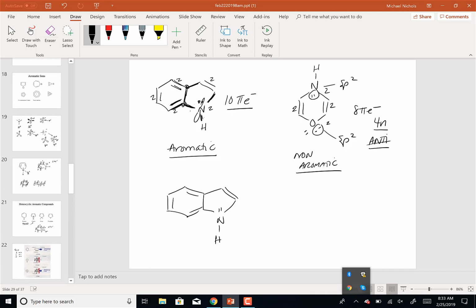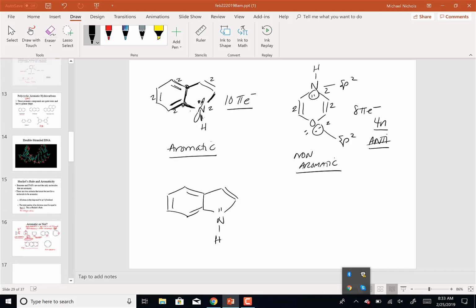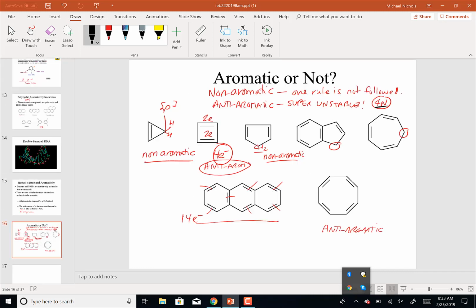And if we go back to our original list here, one of the ones that was definitely anti-aromatic was cyclobutadiene, because this has no choice. All the atoms are starting out sp2 hybridized.